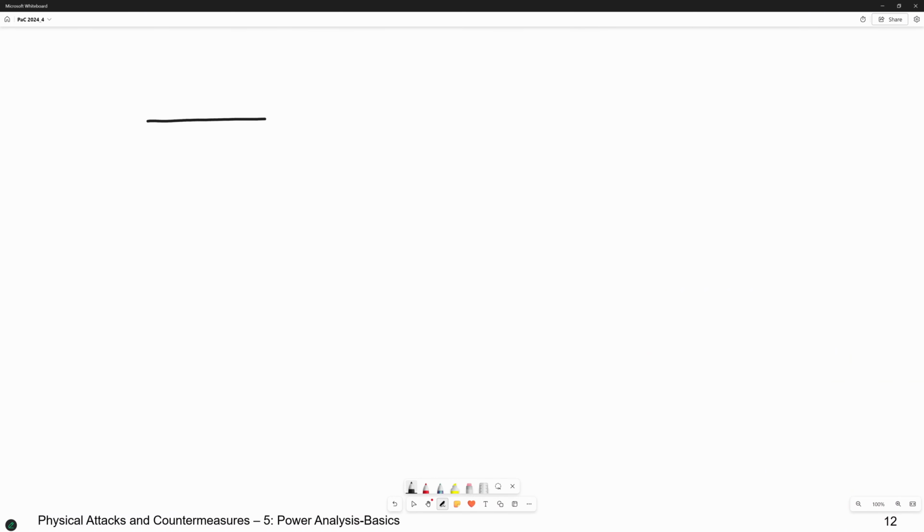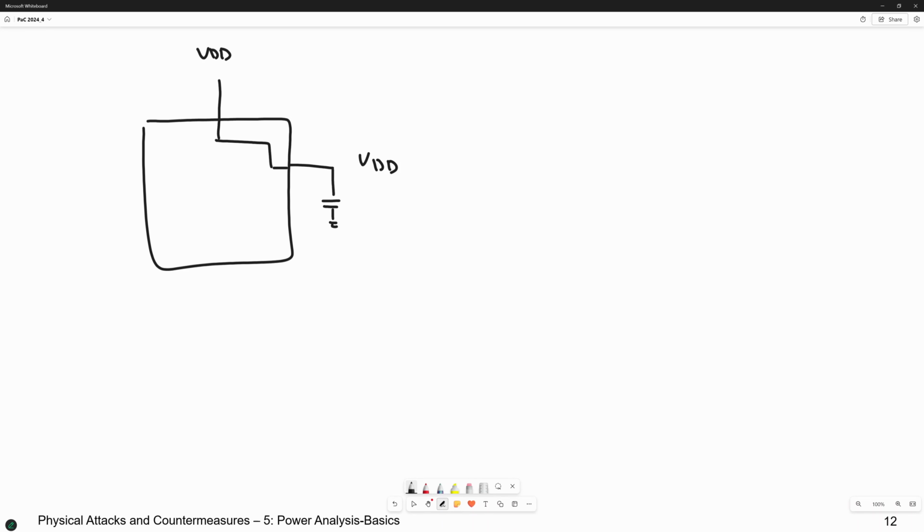Usually what happens, the chip is designed like this, and then there are VDD lines. As I said, there are different VDD lines, and they are connected internally together. And then you want to put the resistor somewhere. First of all, there are many of them in the chip, and they are also connected to some capacitors close to the chip.